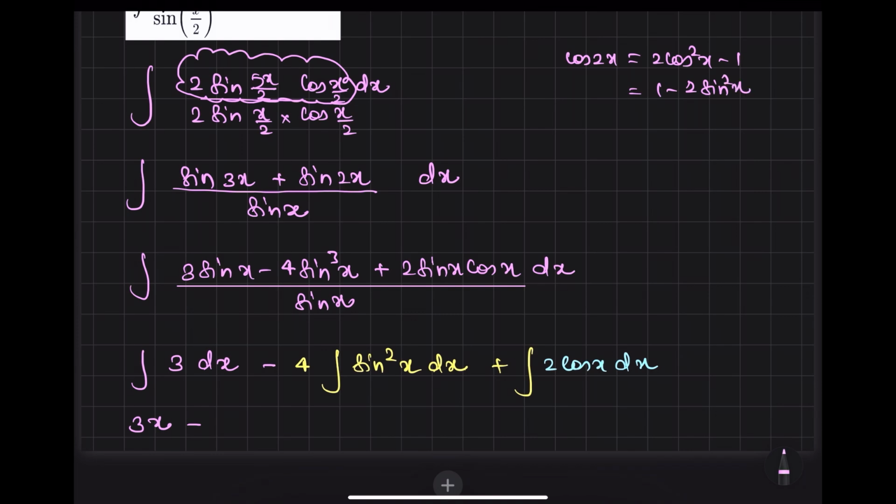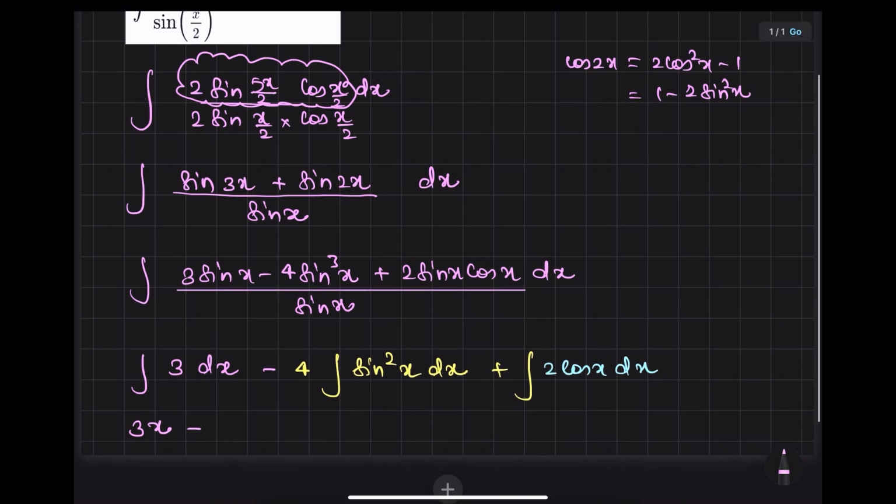From here you can extract the value and break down the power. So we need 2, so 2 will go inside: 2 sine square x is 1 minus cos 2x, dx, plus the integration of cos x is sin x. So it is 2 sin x plus c.